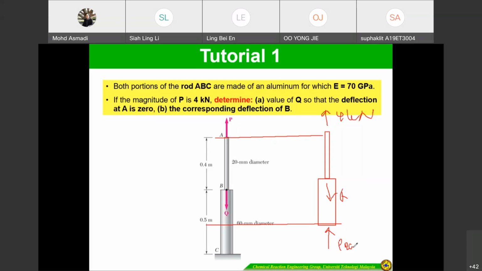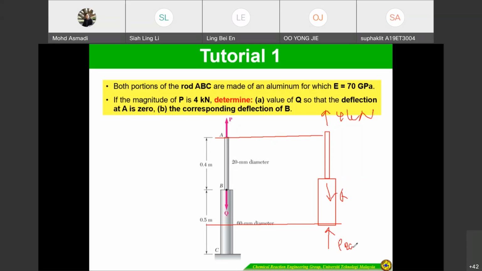But this is just based on observation. If you get a negative, meaning the answer is opposite. This is P_BC.